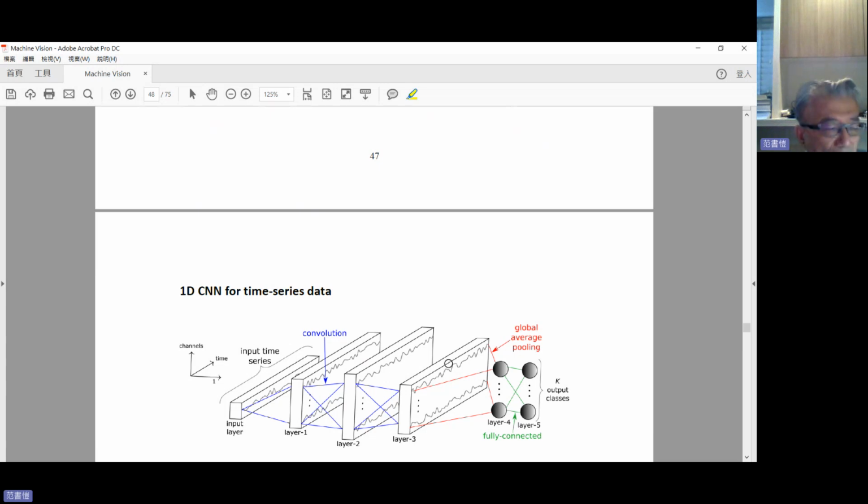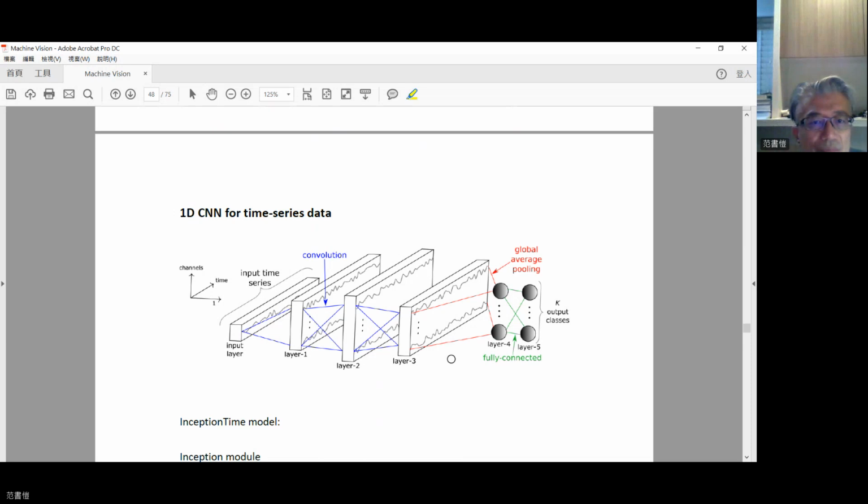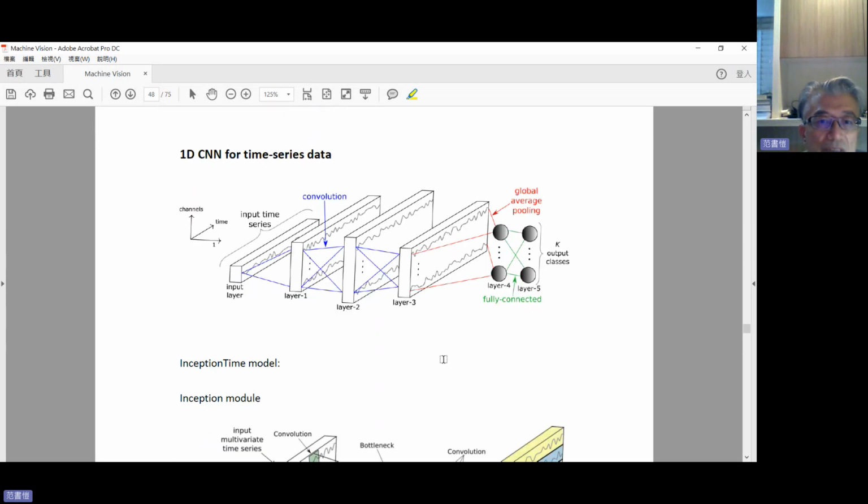The 1D CNN. So this is for time series. The input layer, layer 1, layer 2, layer 3, the fully connected. That will be addressed later. This is a more specific class on this particular topic. How can we deal with time series temporal data?